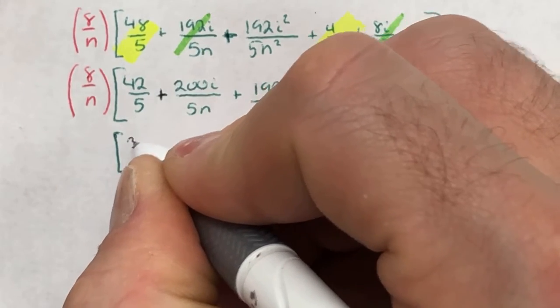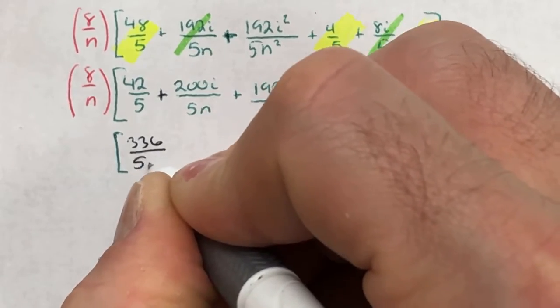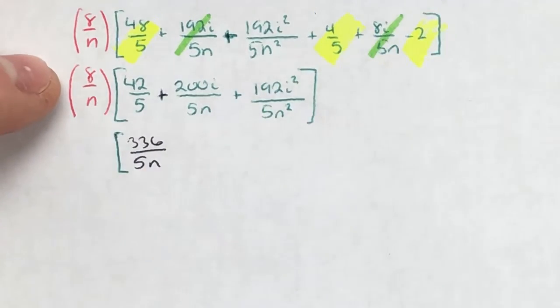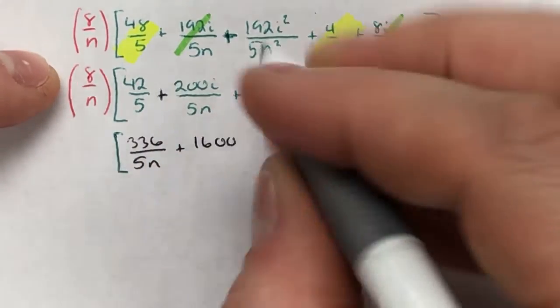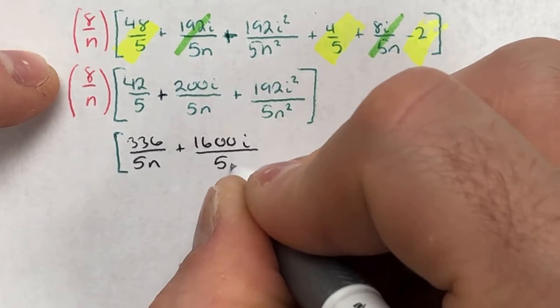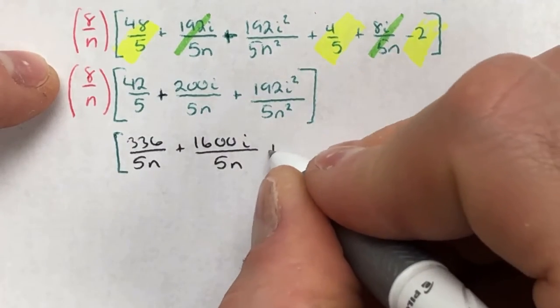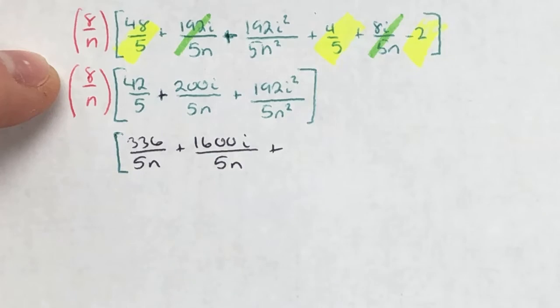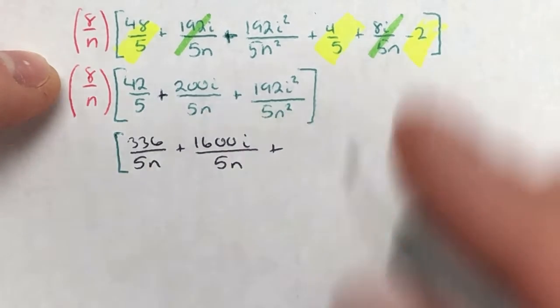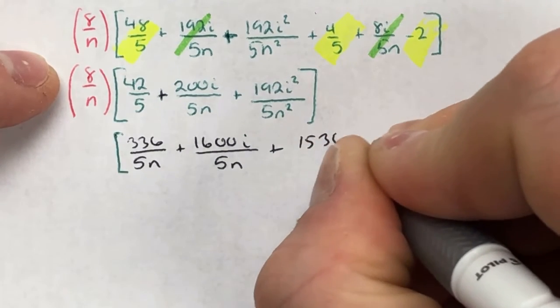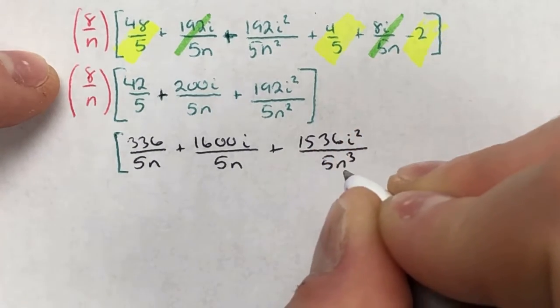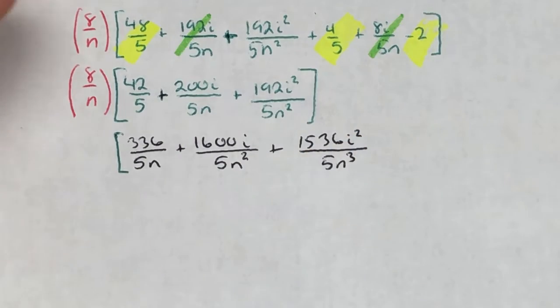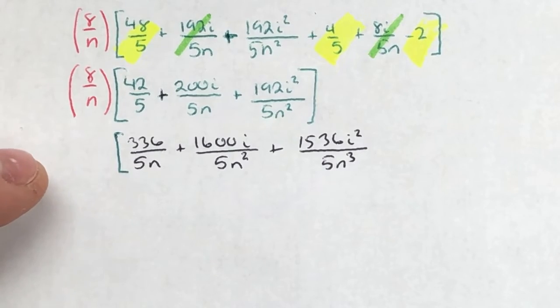So we have 336 over 5n. 8 times 200 is going to give us 1600i over 5n, plus 8 times 192 is going to give us 1536 i squared over 5n cubed. Actually, that's going to be a 5n squared right there. So we have this, and then this is going to be the final aspect.